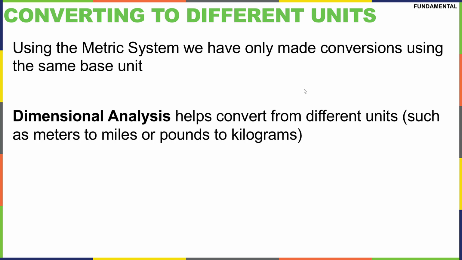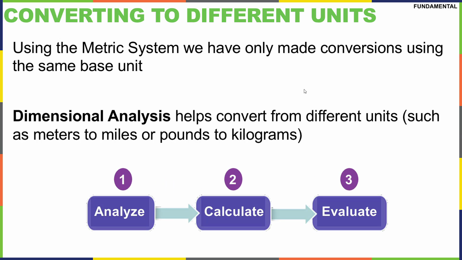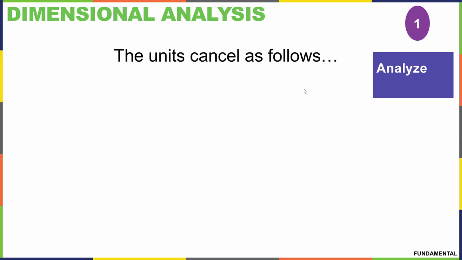Dimensional analysis helps convert between different units. And let's go ahead and look at the fundamental structure of a dimensional analysis problem. You deal with unit cancellations. So we're going to start with what we're given. The only thing in any word problem or any math problem that you can start with is what you're given.